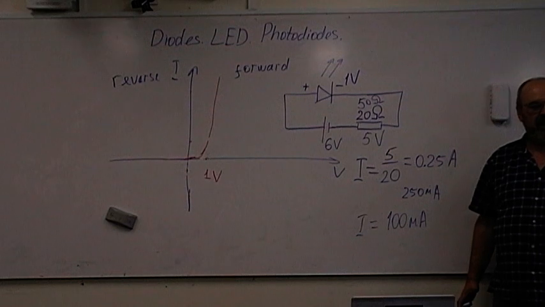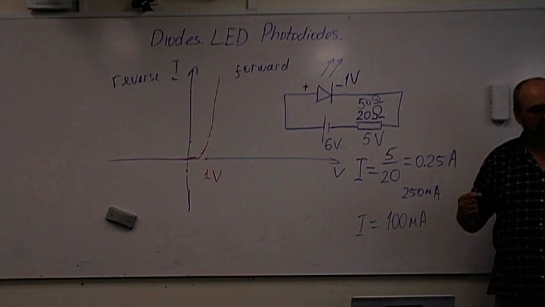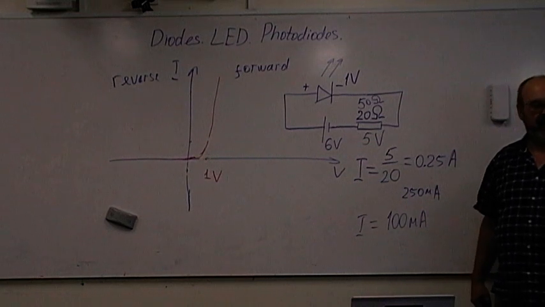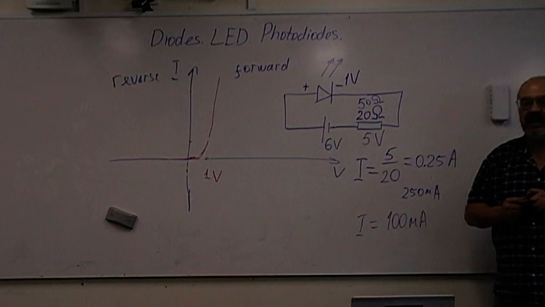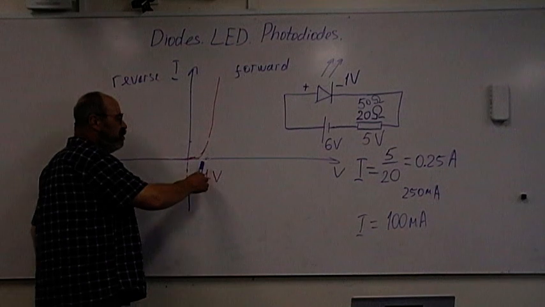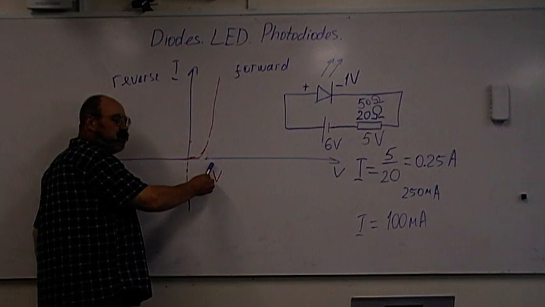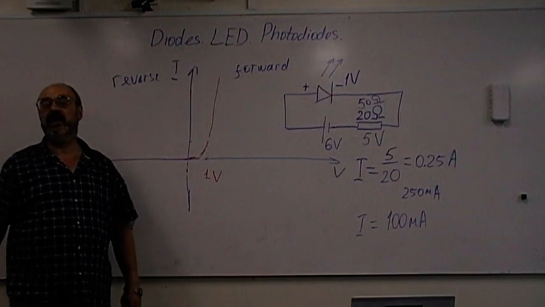Make sense? You never connect a forward bias diode by itself. We always connect it with a resistor. Why is that? Because if there is zero resistance here, as soon as the diode opens, the current increases. What will happen with that diode?